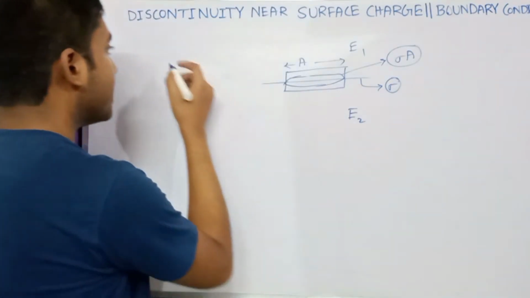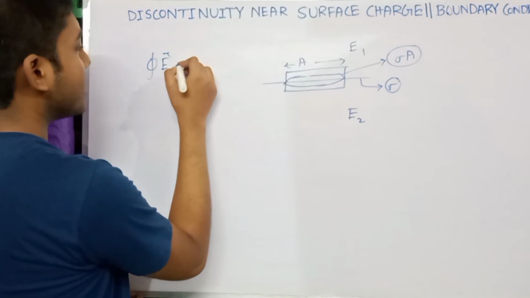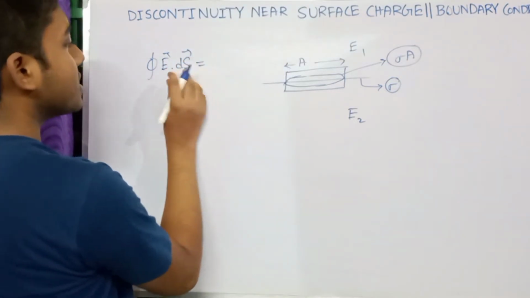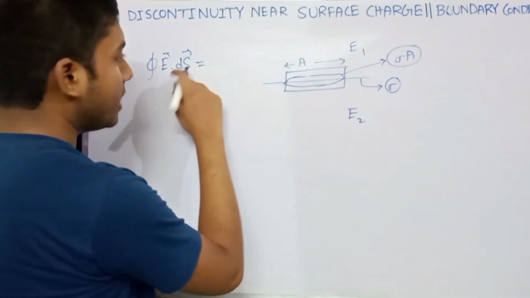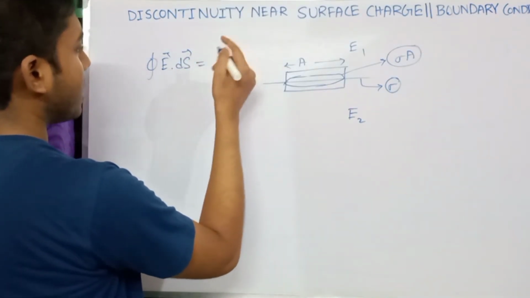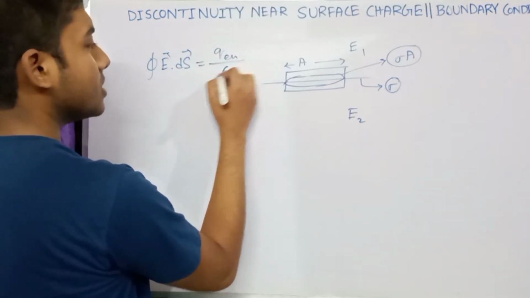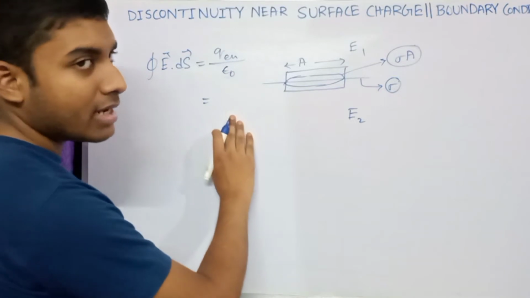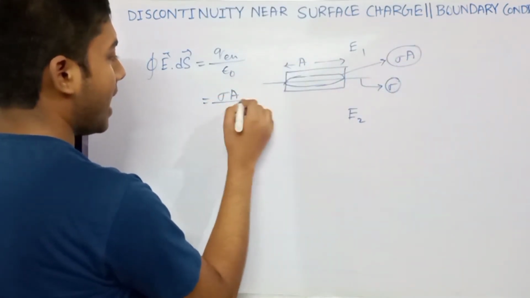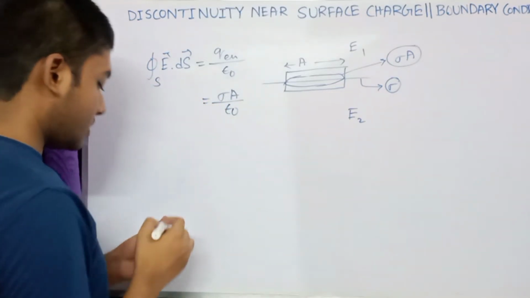We know from Gauss law that the flux, the closed surface integral of E dot ds, where ds is the small area element, is equal to q enclosed by epsilon 0. And q enclosed here is sigma times A, so it is sigma A by epsilon 0.